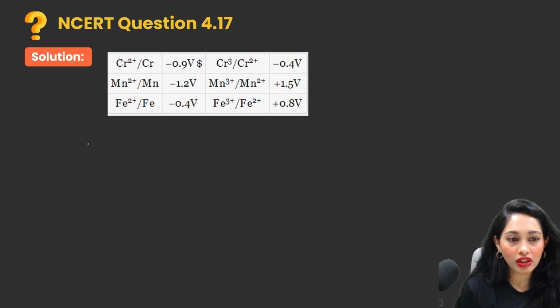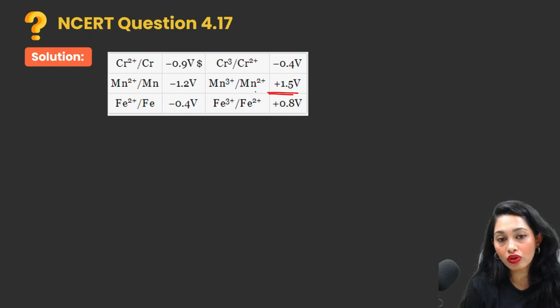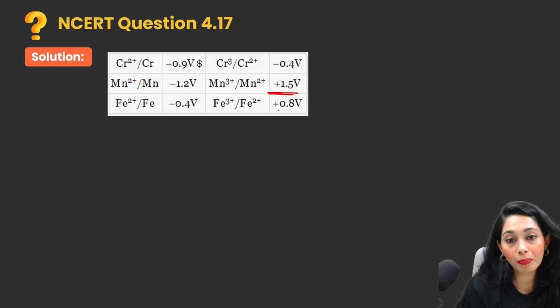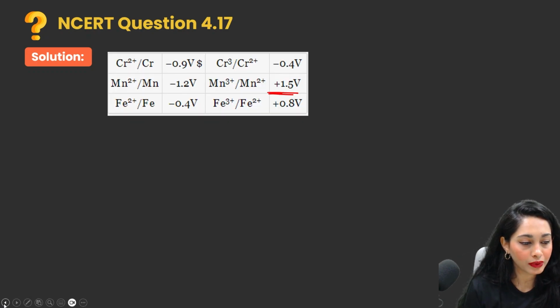So what's happening here? As you can see, the high value for manganese, Mn3 plus to Mn2 plus, is plus 1.5 volt. Let me change the color.